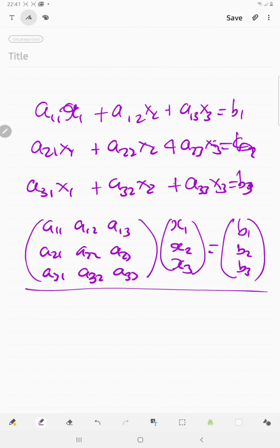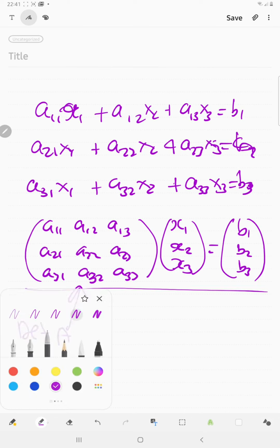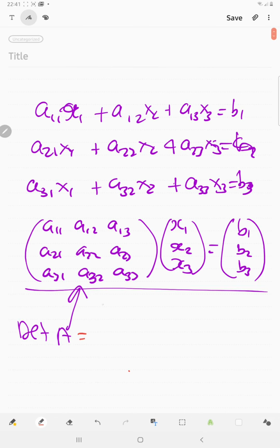So from this particular equation, now you want to calculate the determinant of coefficient matrix A. To get the determinant of this particular matrix, we can calculate it as follows.